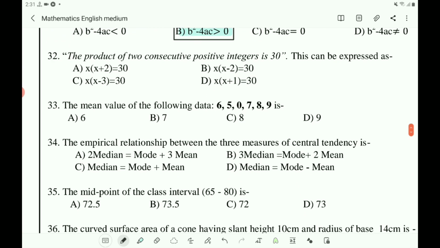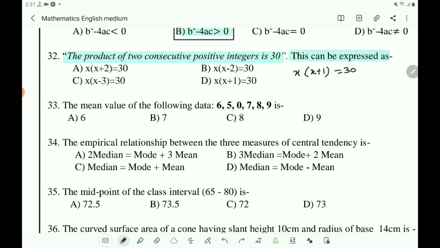Next you take the question number 32. The product of two consecutive positive integers is 30. This can be expressed as product of two consecutive positive integers. So two consecutive positive integers means you take x and x plus 1. Their product is 30.